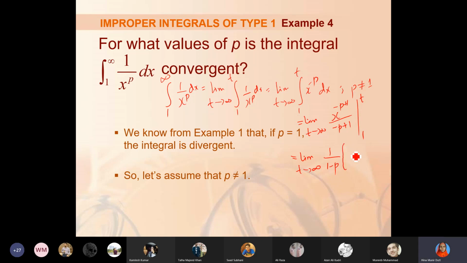My answer is t^(-p+1) minus 1^(-p+1), which is equal to 1. Now what about the integration of this?